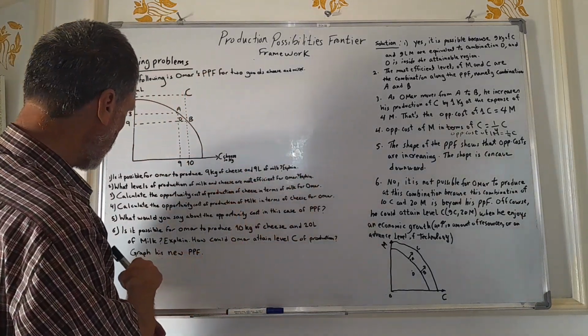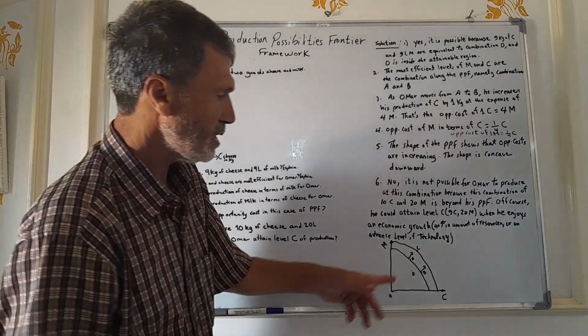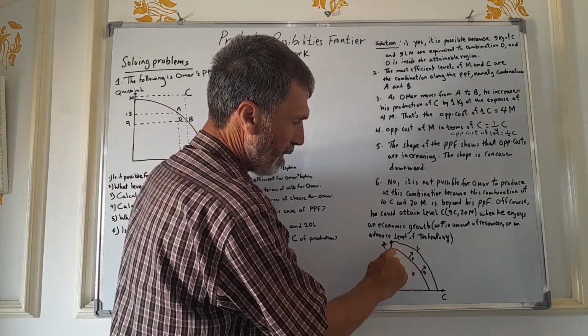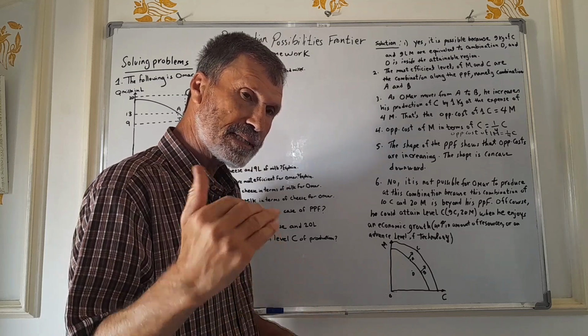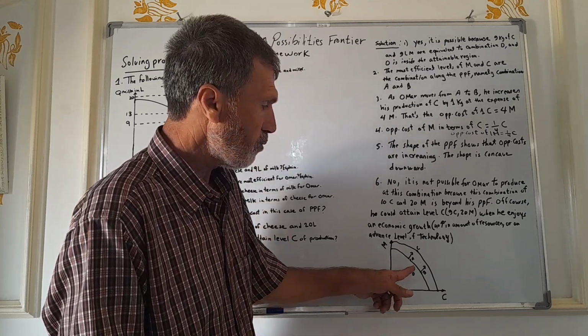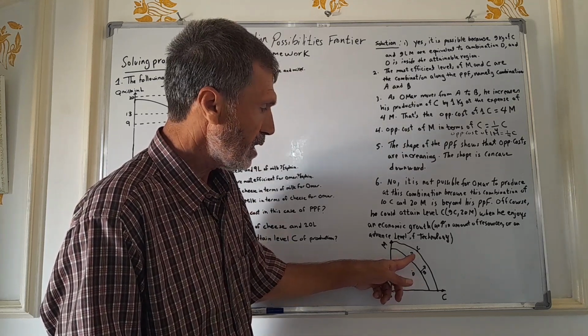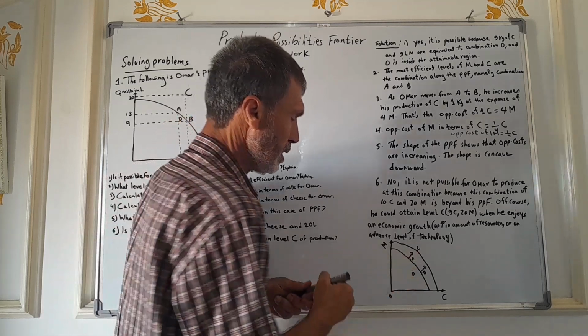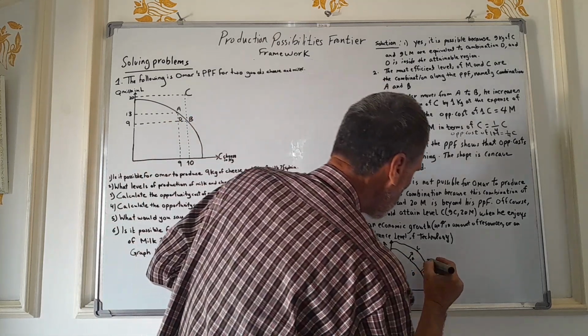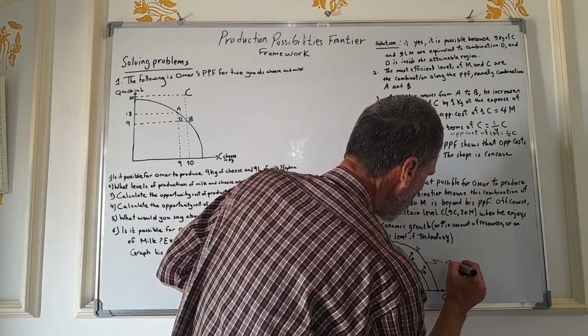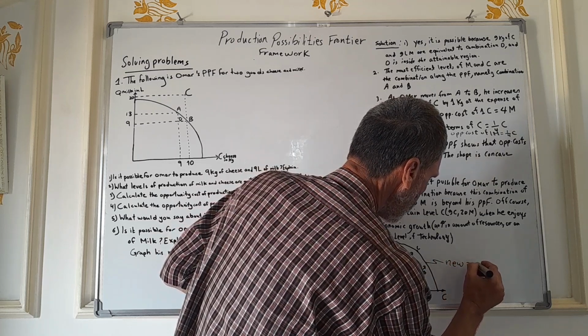Now he said graph his new PBF. Of course, this is point C now. Once economic growth exists, the PBF will shift outward to C, and therefore this is his new PBF.